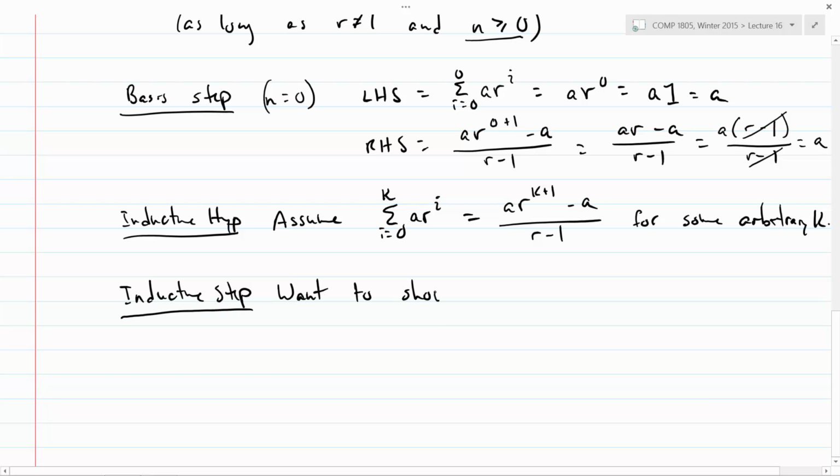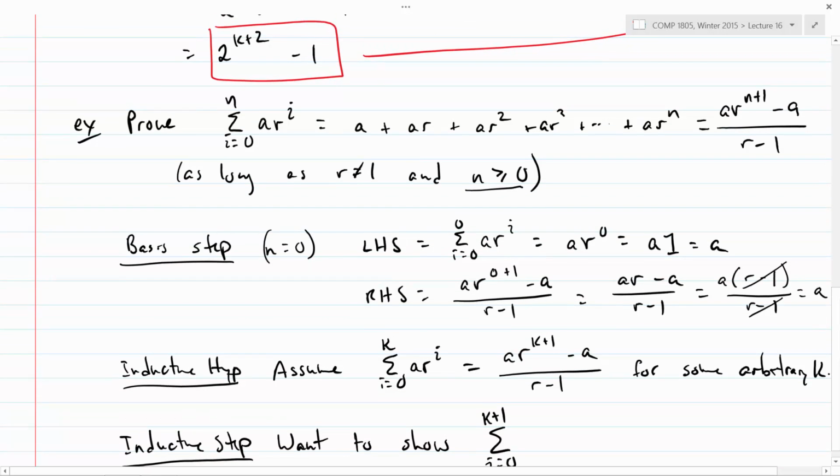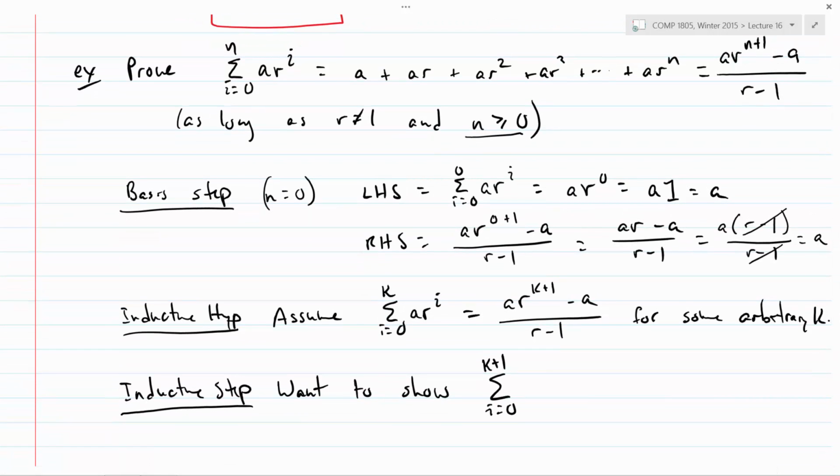We want to show that the sum from i equals 0 to k plus 1, because we sub in k plus 1 for n now, of AR to the i is equal to (AR to the k plus 2, right, k plus 1, minus A) over (R minus 1). That's what we'd like to show. Does everyone see that that is what we have to prove in the inductive step?